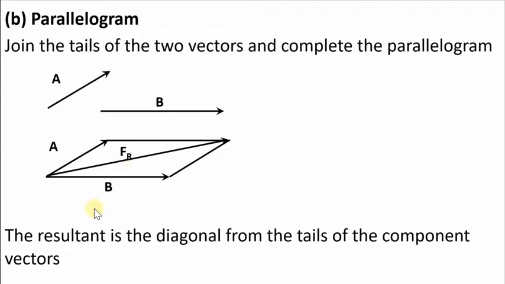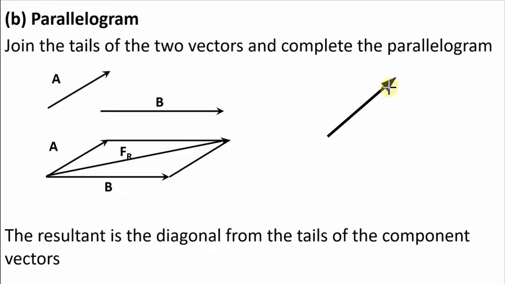Parallelogram usually works with measurements. If you are given this vector as 4 meters and this one as 6 meters, and they say we are adding these two vectors, you need to use a ruler.